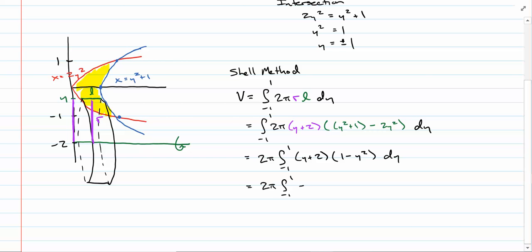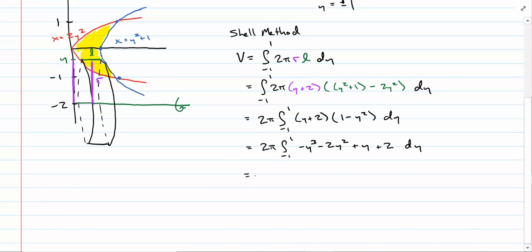If we did, we'd have minus y cubed minus 2y squared plus y plus 2. Now I will integrate each term. You get minus y to the 4th over 4 minus 2/3 y cubed plus y squared over 2 plus 2y, and that's going to be evaluated from -1 to 1.